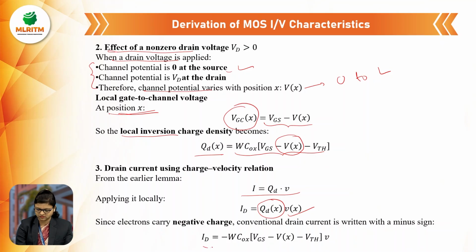We have written a negative sign, which just indicates that we are considering electrons as the charge carriers. Then I_D becomes minus W Cox (VGS minus V(x) minus VTH) times v, where V(x) is the channel potential V.